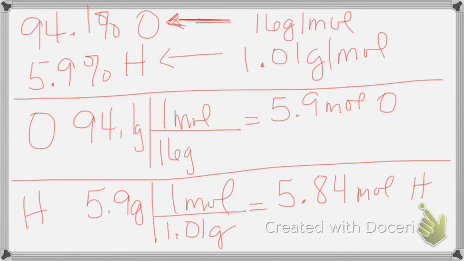Now if you divide both of those by the smallest molarity, which is 5.84, you get approximately 1:1. So a 1:1 ratio is going to give us an empirical formula of OH. And it doesn't matter which way you write it.